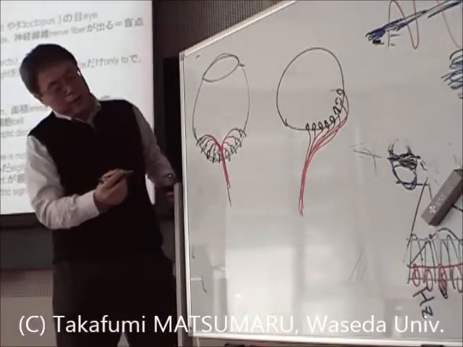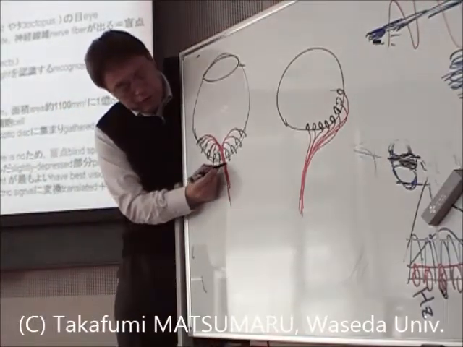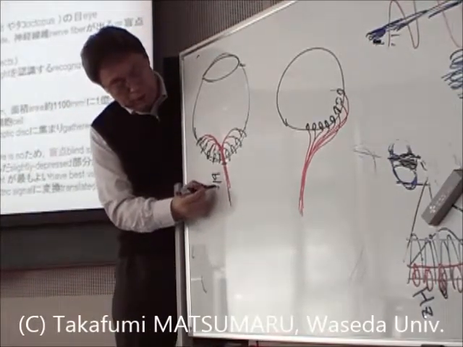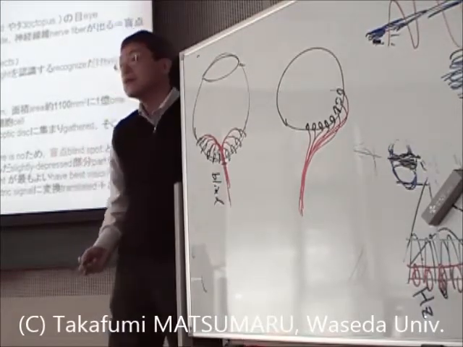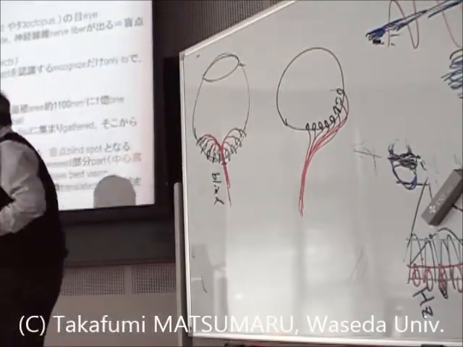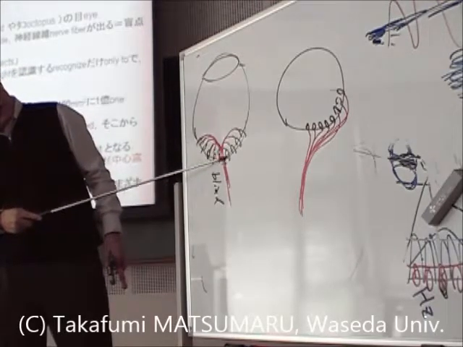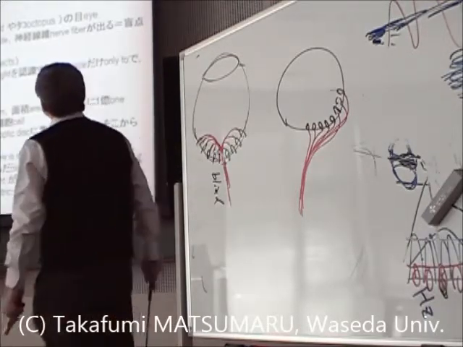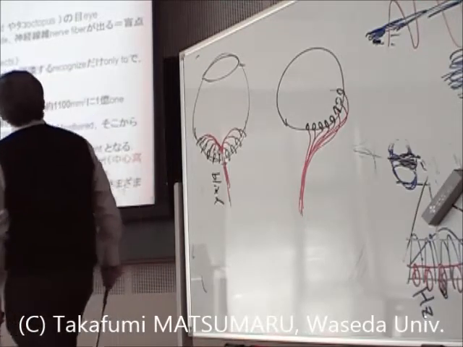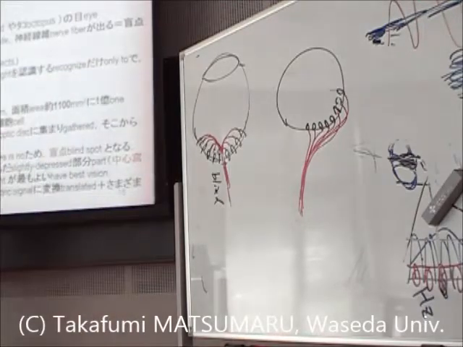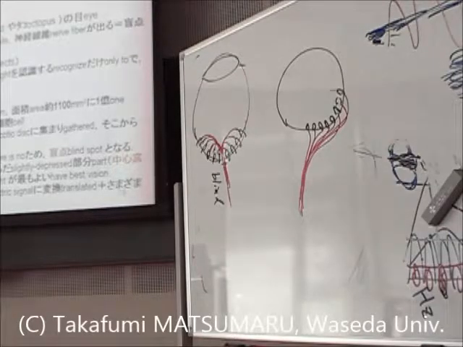For animals and human beings, this part becomes a blind spot because we have no sensing detector cells here, around here. For the evolution of the human eye, maybe you should watch this video. This video explains it.